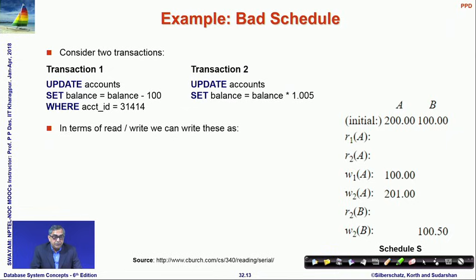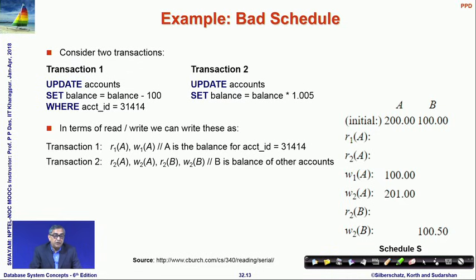So, let us first try to write out transaction 1 and transaction 2 in the read-write abstracted form. Transaction 1 is working only on one account, let us call it account A. What does it do? It has to set the balance to debit 100. So, it has to read. By R1A we mean that it is a read; the subscript refers to the transaction number.